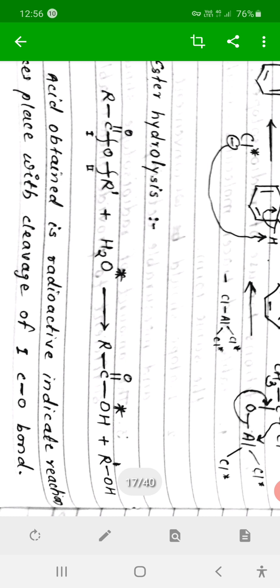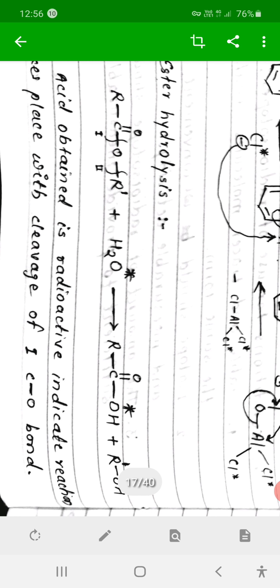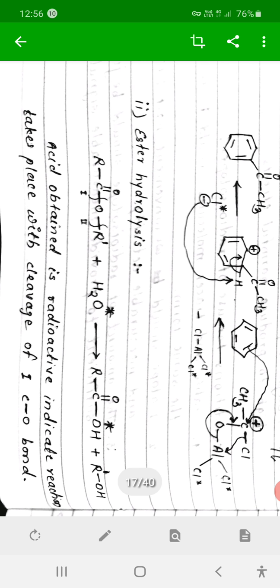Whether the reaction takes place by fission of the acyl oxygen bond, or whether it takes place by breaking of the alkyl oxygen bond, that is the R dash O bond, R dash is the alkyl group, therefore that R dash O bond is the second bond, which is the alkyl oxygen bond. Whether the reaction takes place by first bond cleavage, that is acyl oxygen bond cleavage, or by second bond cleavage, that is alkyl oxygen cleavage.